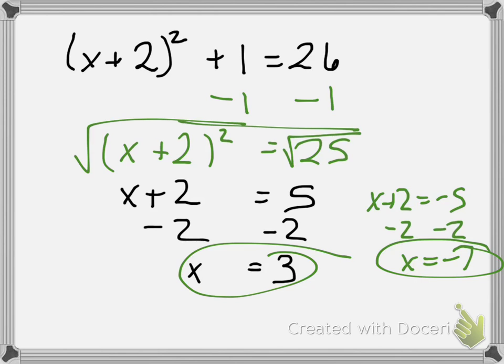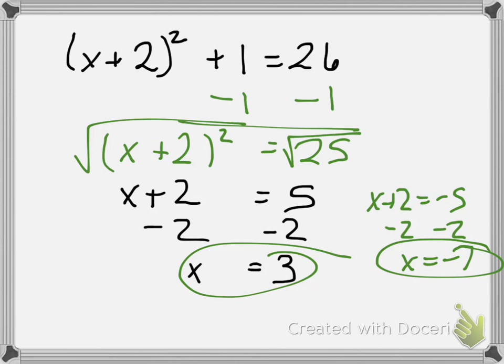But just realize that you could end up with one solution, you can end up with 2 x's, or you could end up with no solutions. For all the ones we're doing right now, we're going to end up with 2, but just realize that it is a possibility to have only 1. And so I want you to see if you can brainstorm and come up with a time when you might only have 1.